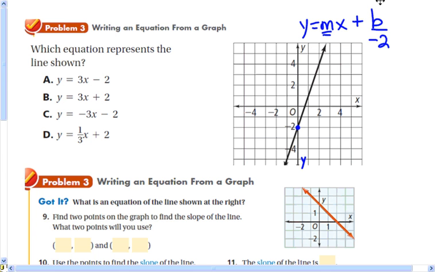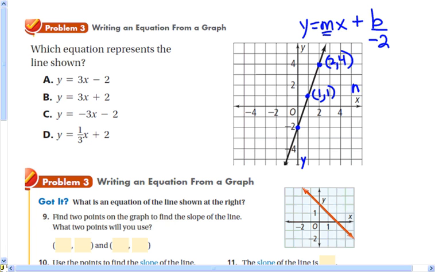So we've got the y-intercept now, we just need to find the slope. And if you look closely, it looks like we're crossing some grid lines right there and there. One way we could find the slope is to find 2 points and then use our slope formula. I think I'll do that so we practice a little. This point here is (1, 1). This point here is (2, 4).